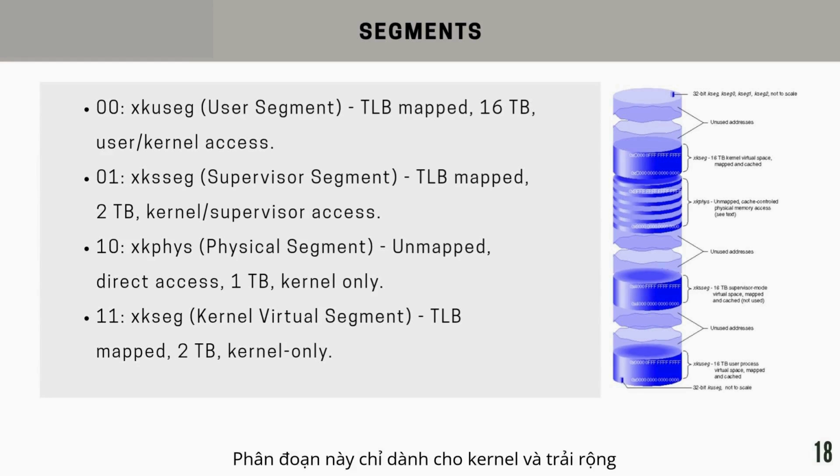The segment is used exclusively by the kernel and spans 1 TB of physical memory. It also allows cache control, letting the system decide whether memory should be cached or not.